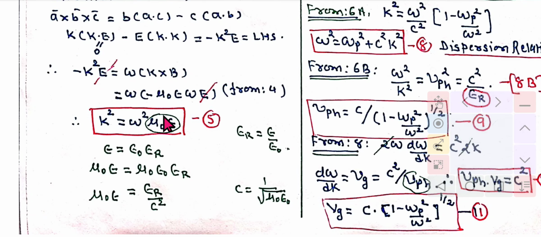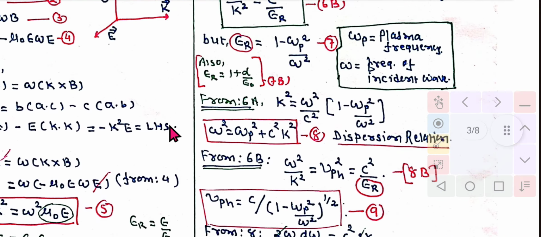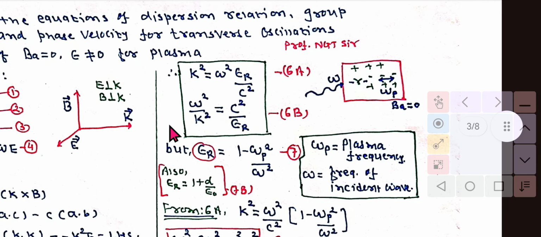We have placed the value of mu 0 into epsilon equal to epsilon R divided by C square here, and the simplified form is like this. That means omega square by K square equal to C square divided by the relative dielectric constant of plasma itself. This is again a key point equation.